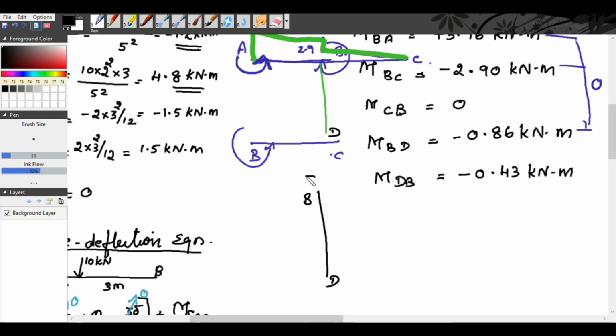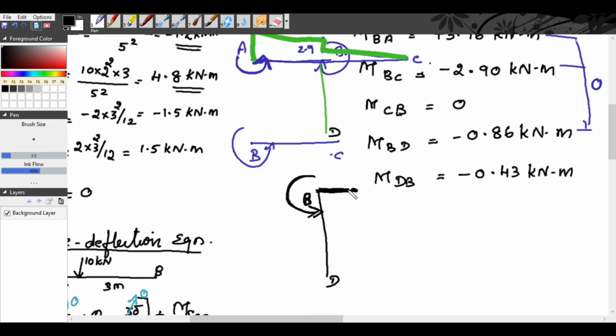The arrow is pointing in this direction, that means the bending moment direction is towards the right. You have to draw the anti-clockwise from the outside of B.